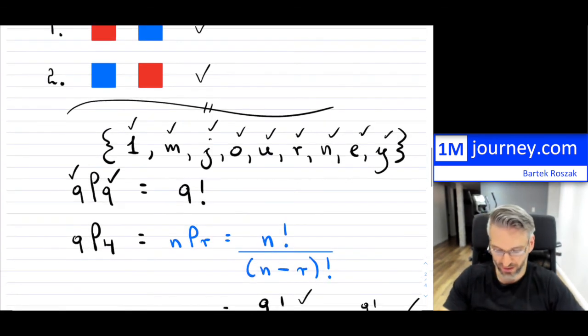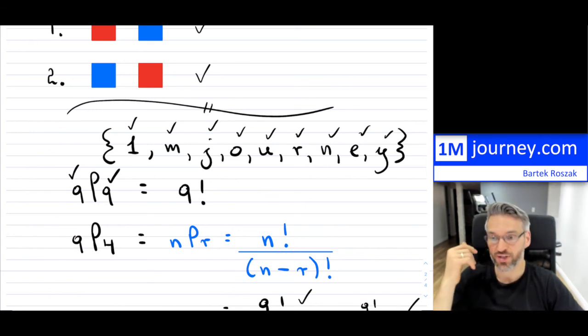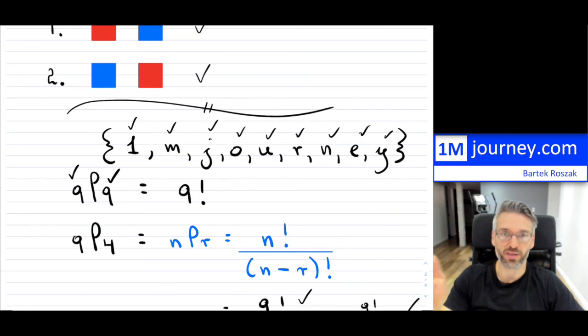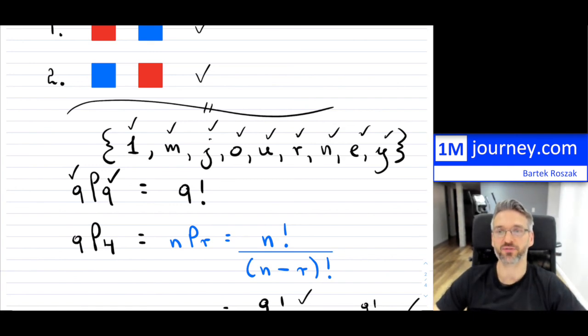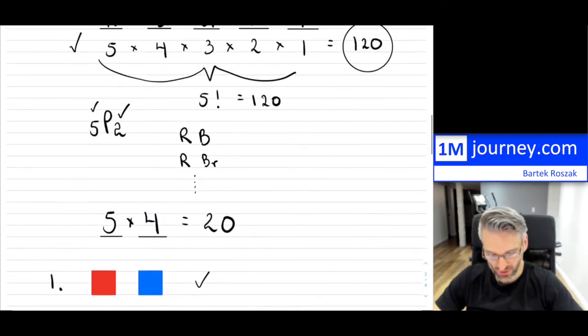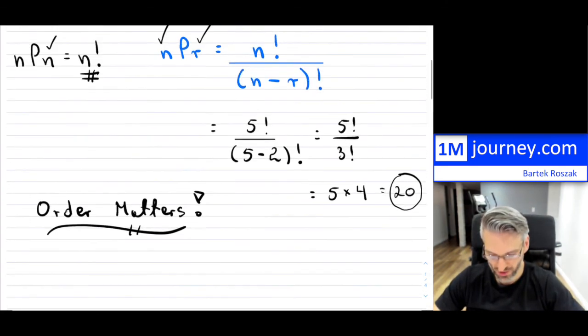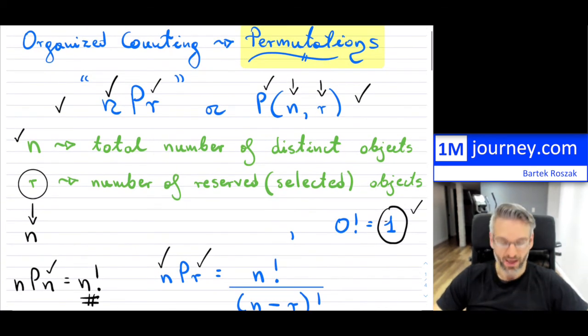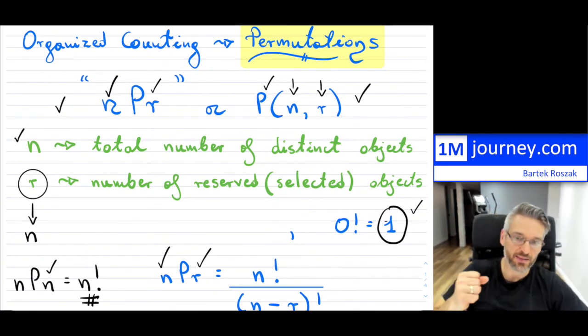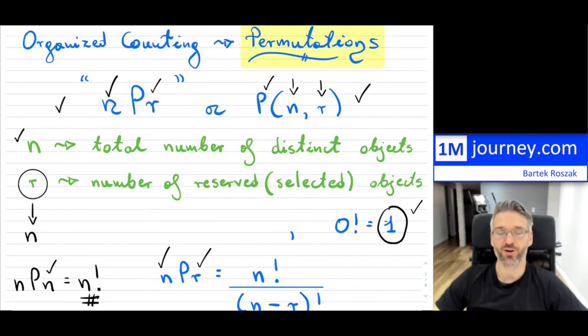I picked, well, not really random, it's 1mjourney, so those characters, but I could have said 9P5 or 9P2 or whatever it might be. And then you can say, all right, so how many different ways can I order them? That's what you would utilize. Okay, so that's the introduction to counting with regards to permutations. And I would encourage you to go through this and keep the formula handy in the back pocket.